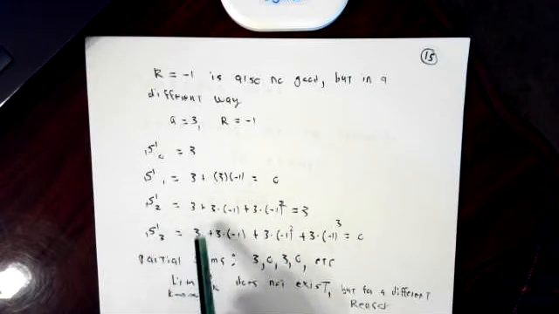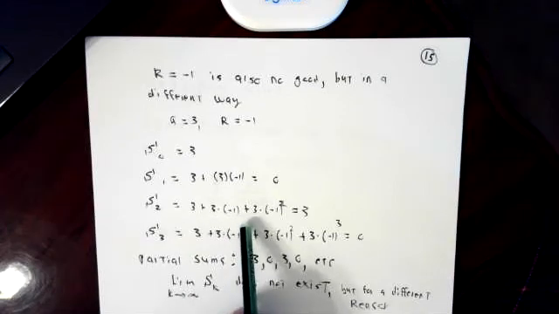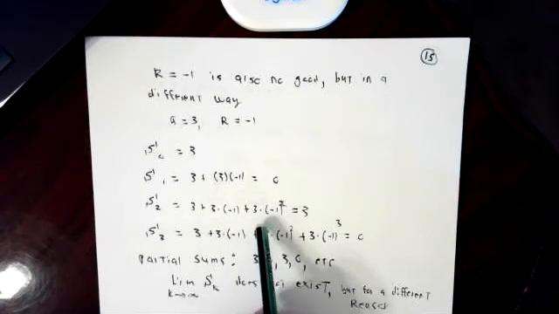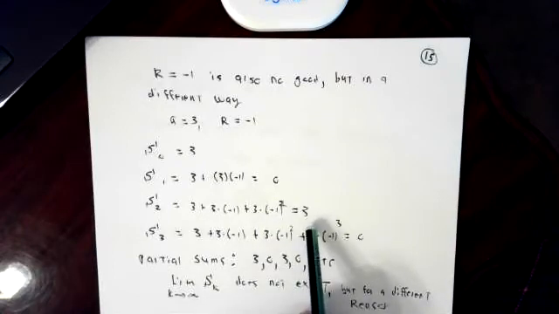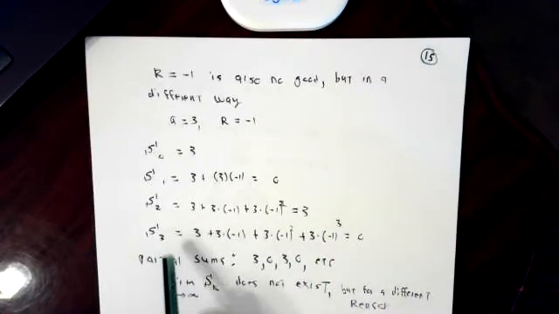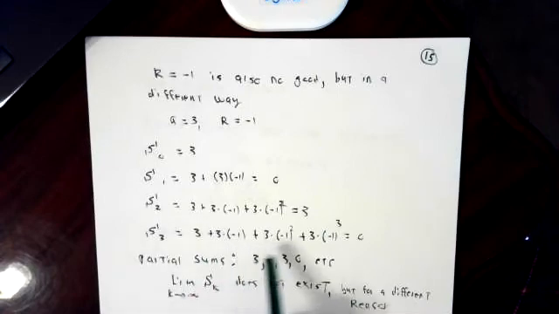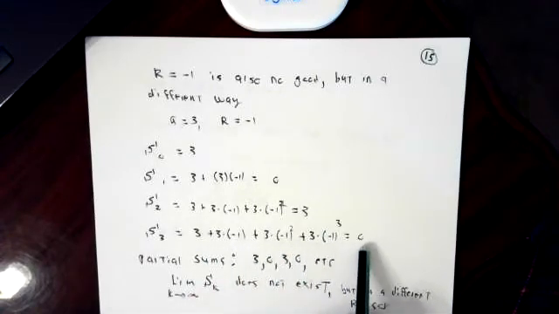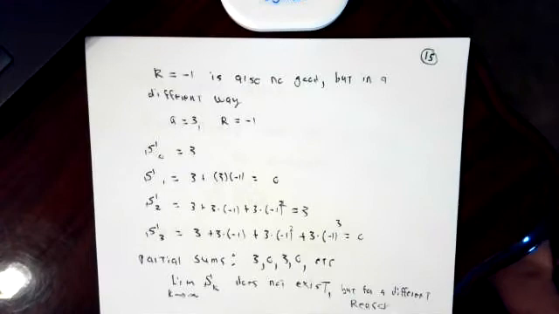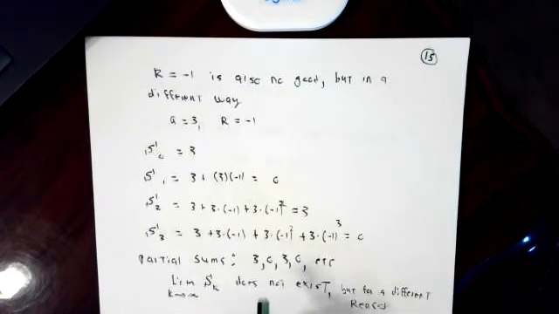S number 2, you have those same terms as before, but you also have plus 3 times -1 squared. That ends up giving you 3. S number 3, after you grind through the arithmetic, ends up giving you 0 back for an answer. The partial sums are 3, 0, 3, 0, 3, 0, 3, 0, and so on.